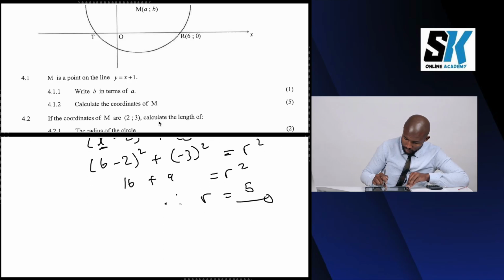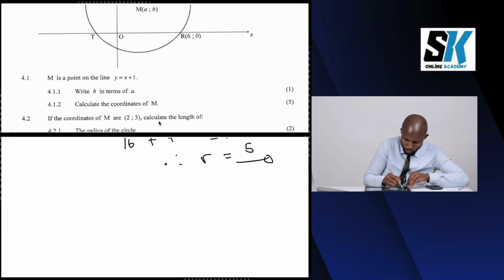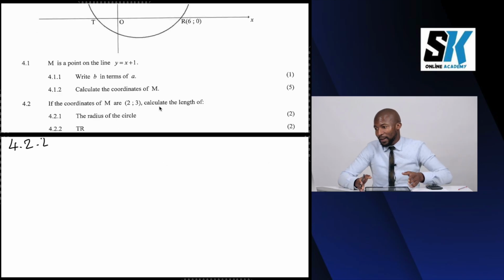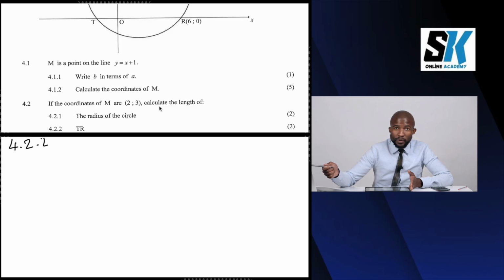And then now we go on to 4.2.2, which is the next one. Then 4.2.2 says calculate the length of TR, which is from point T to point R, which both lie on the x-axis, so it's easy to get your points.